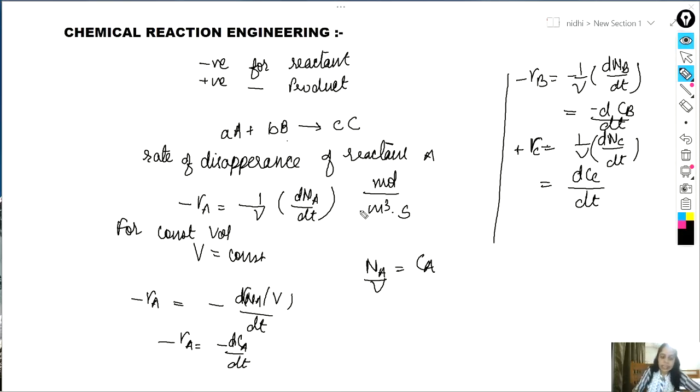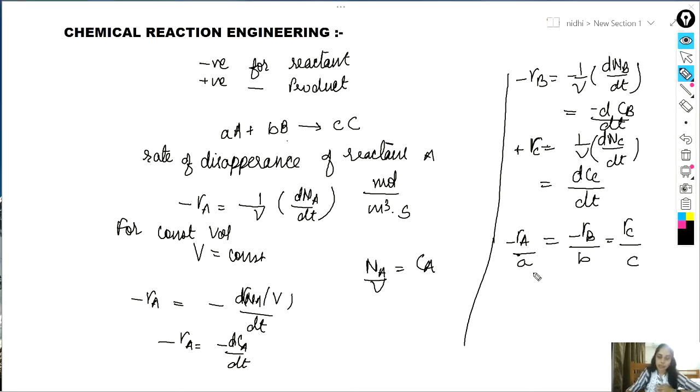Fine. And now the relation between the rates of the participants of the reaction. For an elementary reaction, we can write minus RA upon a equals minus RB upon b equals RC upon c, right?